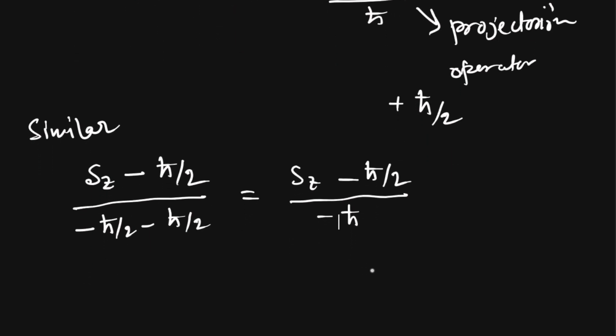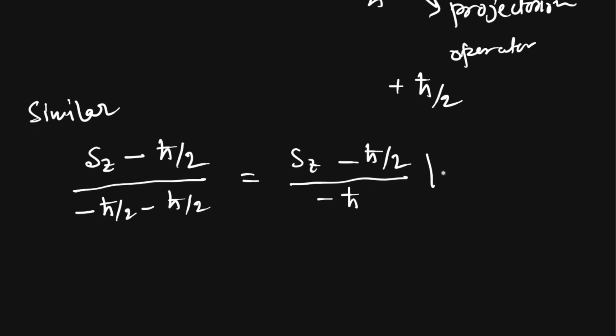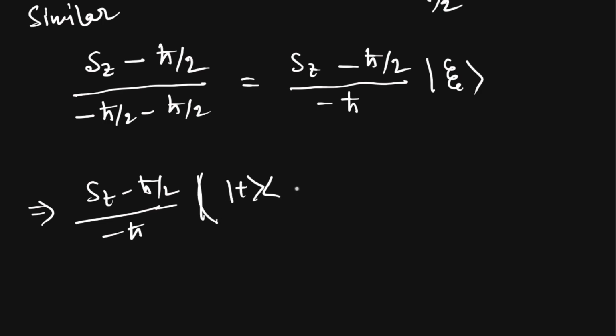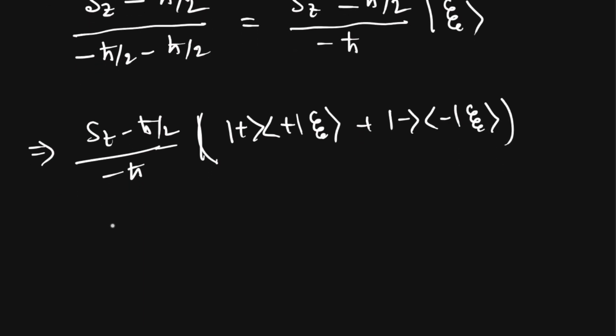If we operate this operator on the state xi, what will we get? We will get (Sz - h cut by 2) over minus h cut on plus xi, plus minus psi.